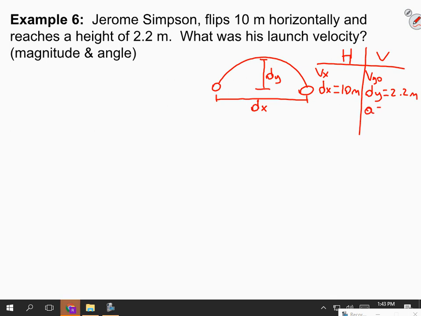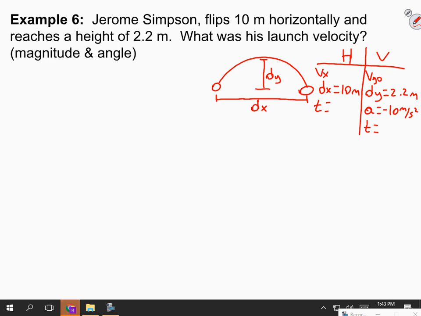Of course, acceleration is still negative 10 meters per second squared, and time is also unknown. So, like I've told you in all of these problems we've ever worked, go ahead and find time first, because that's going to enable you to find the rest.